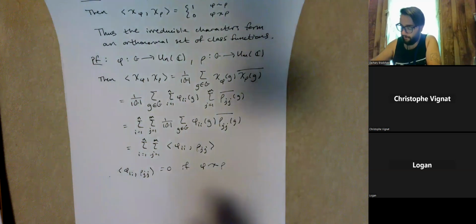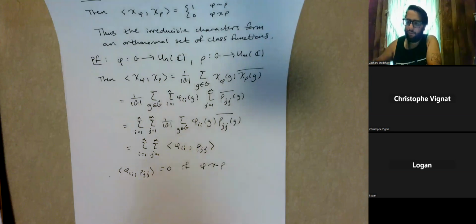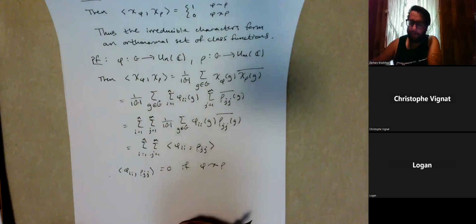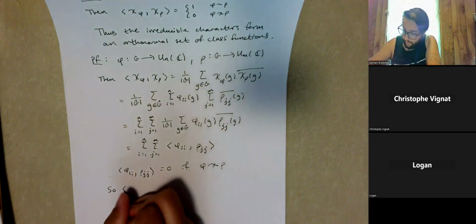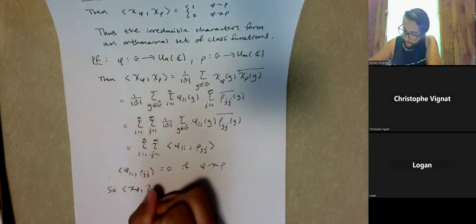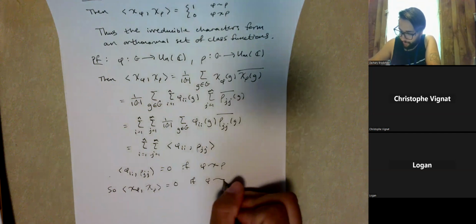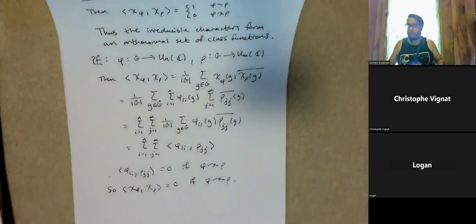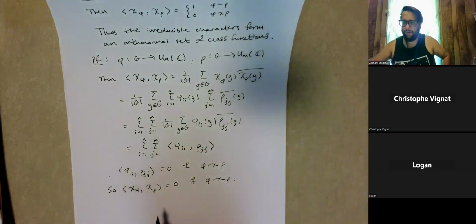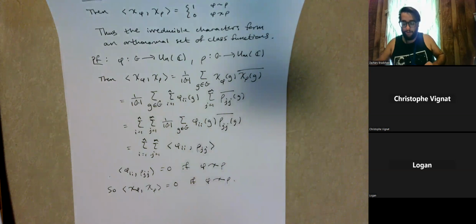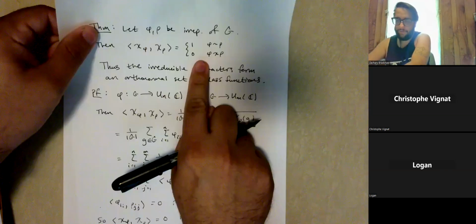It says a little more, but we don't need it. The point is that if the representations are not equivalent, then this inner product will be 0. So that's one of Schur's orthogonality relations. So the inner product of chi_phi with chi_rho is equal to 0 if phi is not equivalent to rho. I'm stretching this out so it looks less like a chi. Okay. So that establishes this part here.